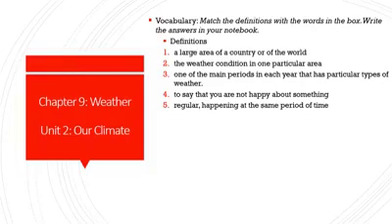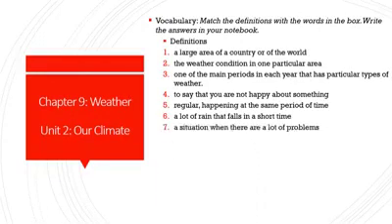And number 5 is the word that means regular, and something that happened at the same period of time. Number 6, a lot of rain that falls in a short time. And number 7, a situation when there are a lot of problems. And the last one is to suddenly feel frightened.